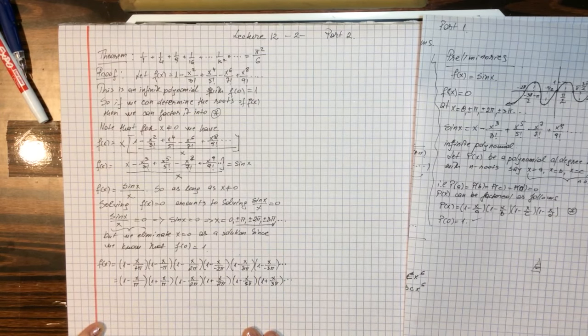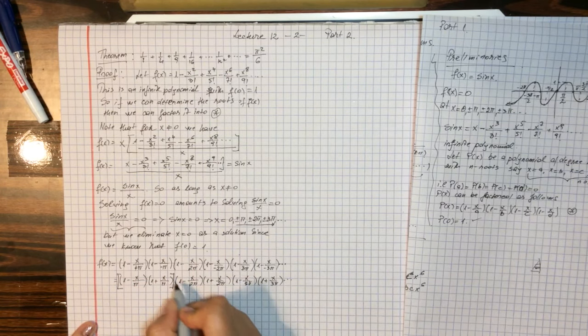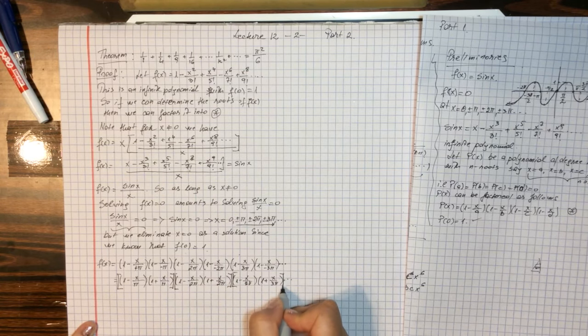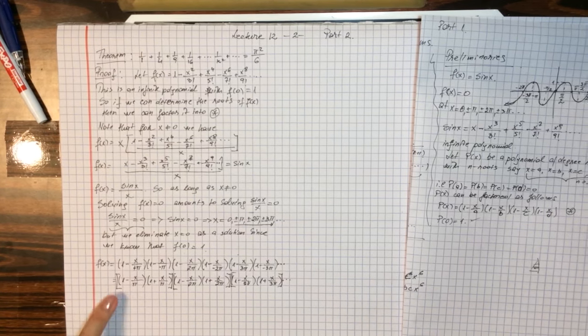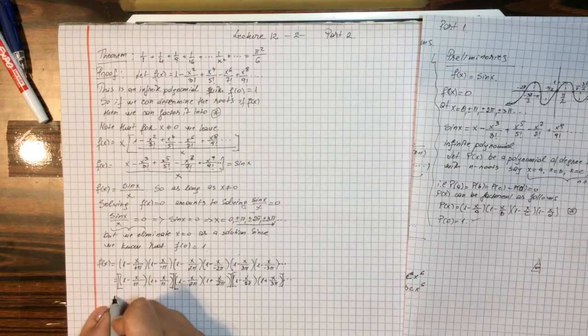Okay. All right, here it is okay to regroup this product as follows. So now I have things of this form: 1 minus something times 1 plus that same thing. So this is just the product of two conjugates, and we know what that is equal to. A minus b times a plus b is equal to a squared minus b squared. That's a product of two conjugates from your early algebra.